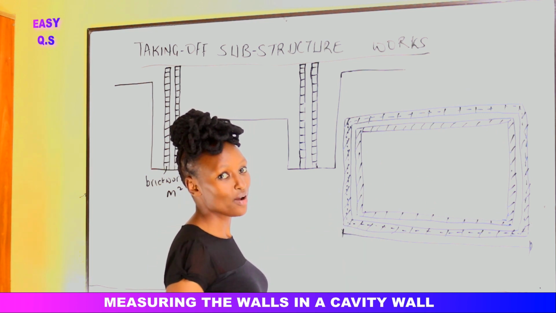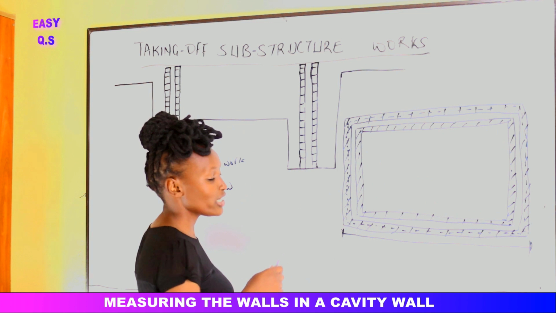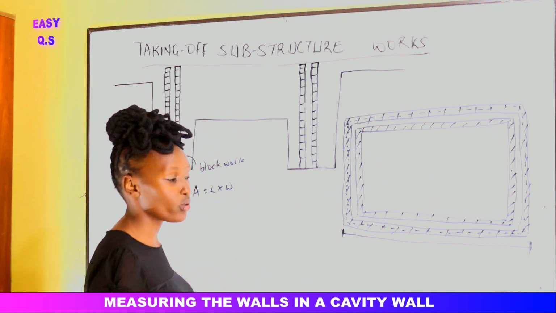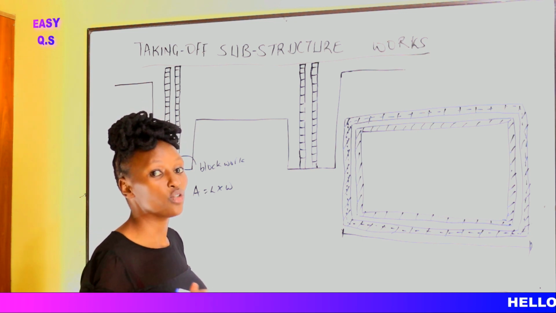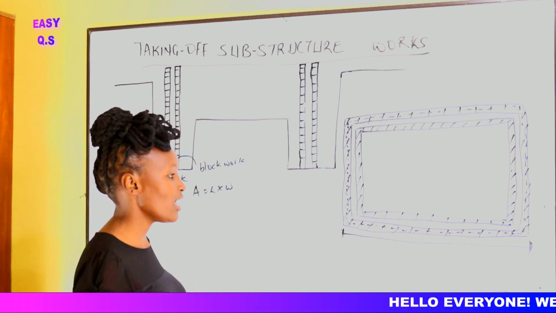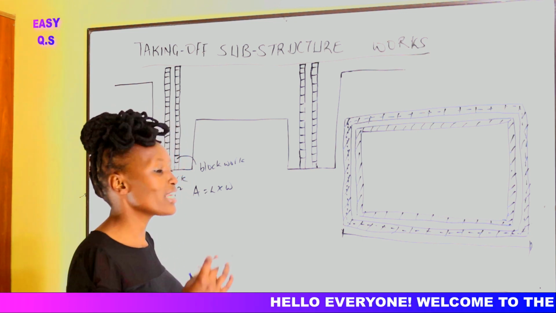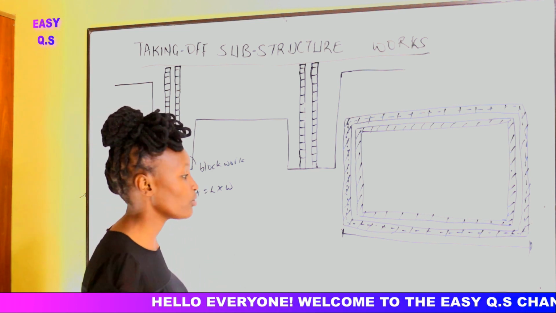If you haven't seen our video on calculating the center line, you need to check it out, and we shall pin it in the description box so that you can see how we do the center line calculation and practice it, because in taking off we need center line calculations.